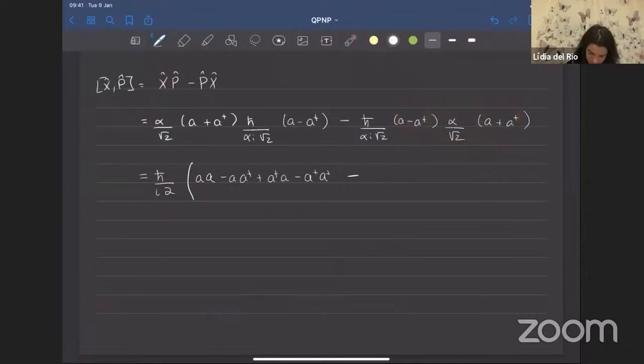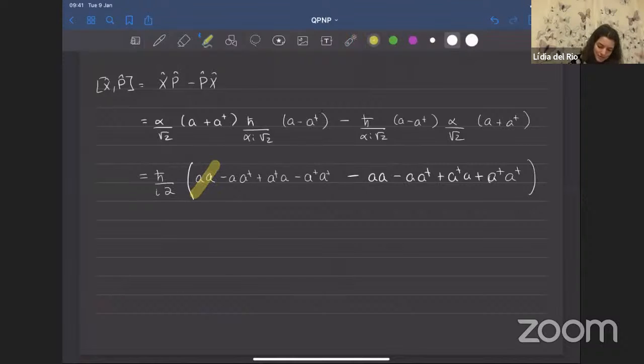So minus a a minus a a dagger plus a dagger a plus a dagger a dagger. Okay, good. And now the good news is that most of them cancel out as per usual. Quantum mechanics is not that hard. This cancels out, this cancels out.